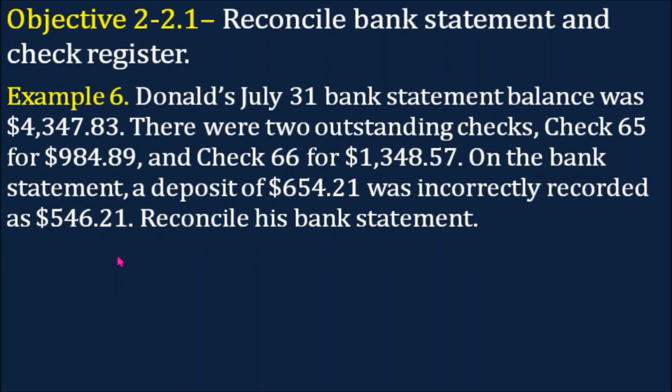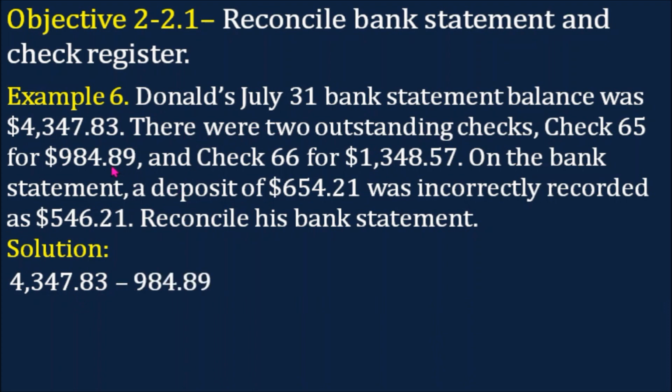Now for our solution, we are going to start with the balance. So that's $4,347.83. Then we have here two outstanding checks, meaning to say we are going to subtract the amounts. The first amount is $984.89. Then subtract the other amount.